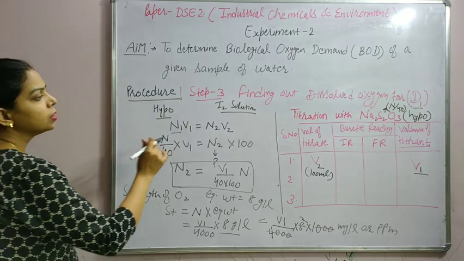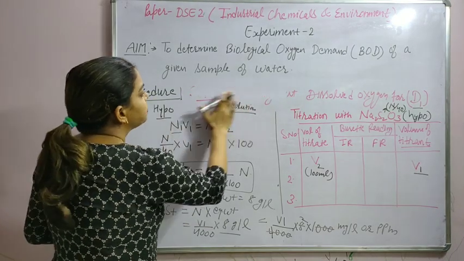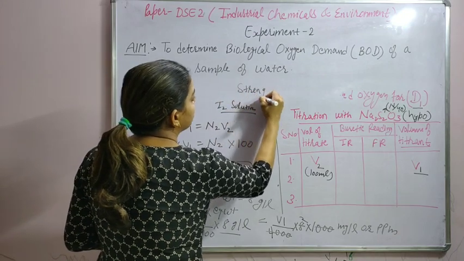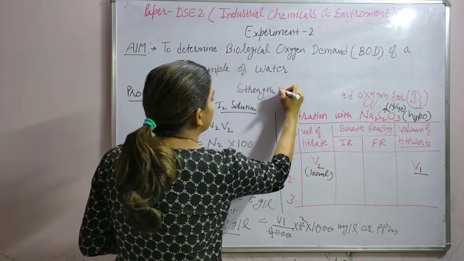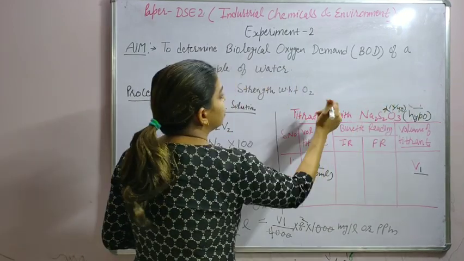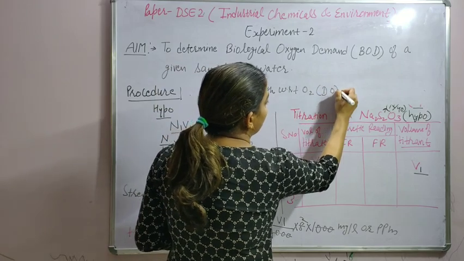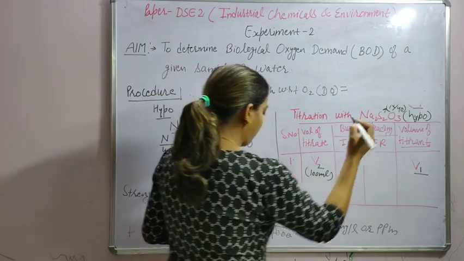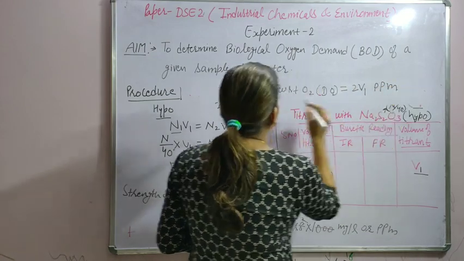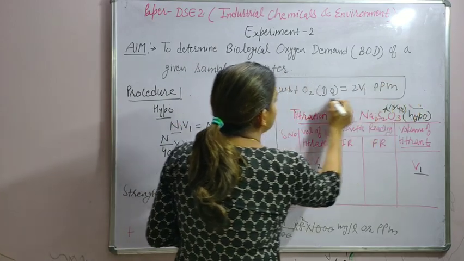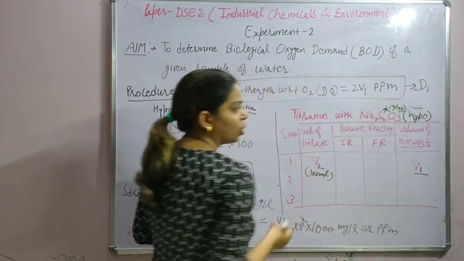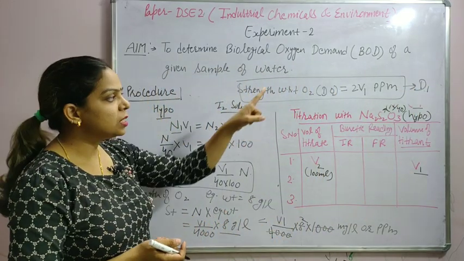Hence the strength with respect to oxygen, or the amount of dissolved oxygen, will be 2V1 ppm. So this is the value of D1, dissolved oxygen, for the first sample.